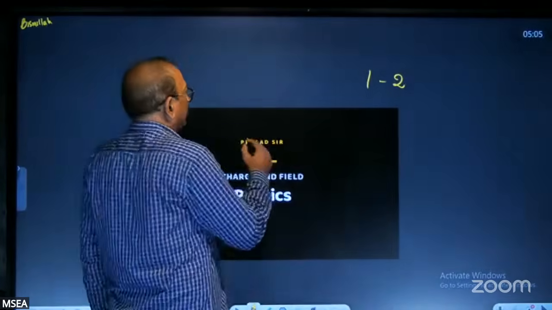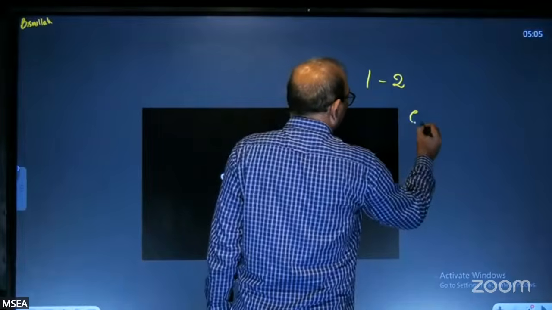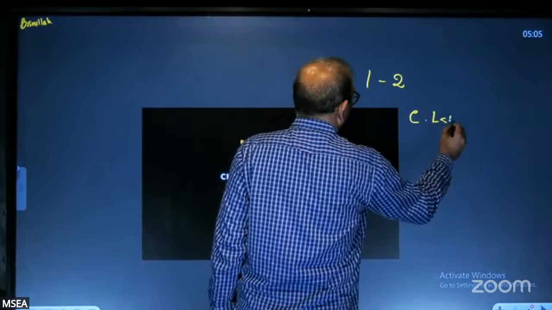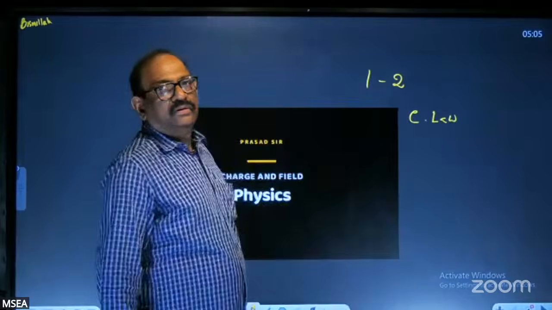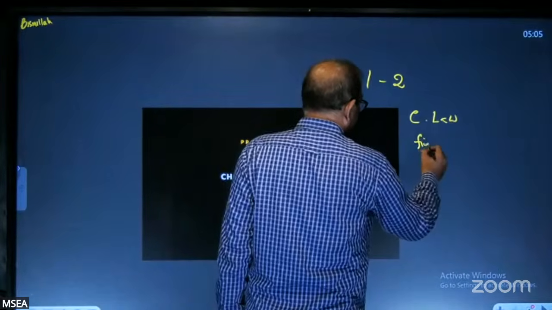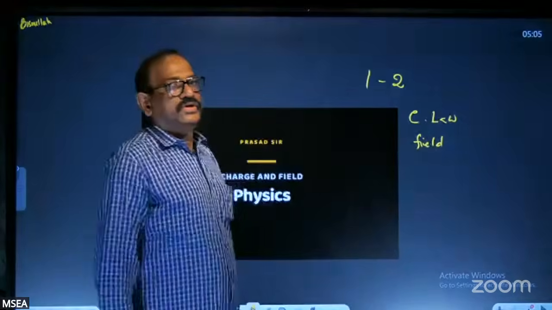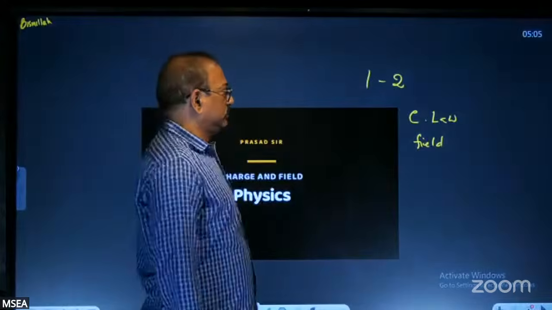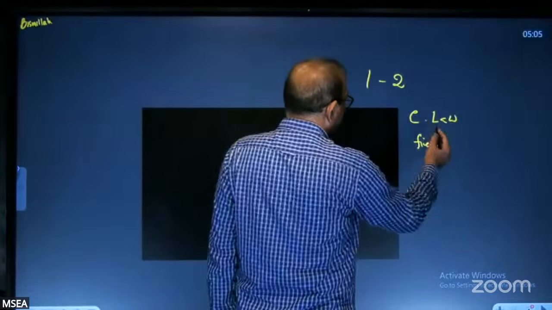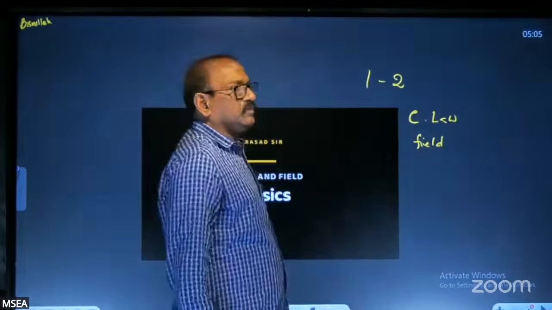And in this chapter, you need to focus mainly on Coulomb's law. Then field, intensity of electric field. Coulomb's law, intensity of electric field.